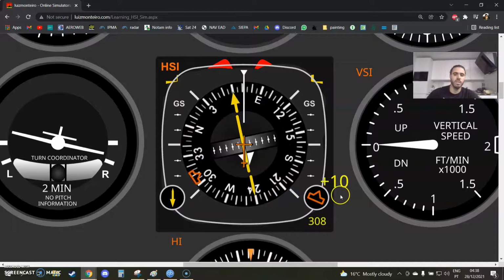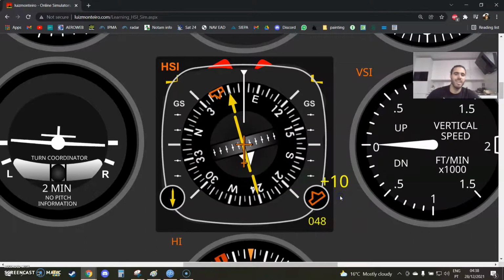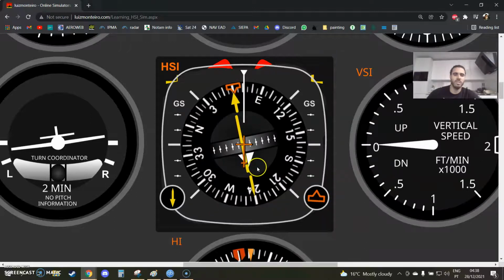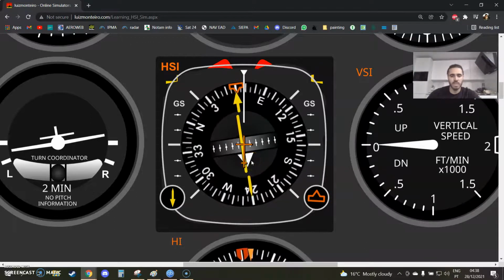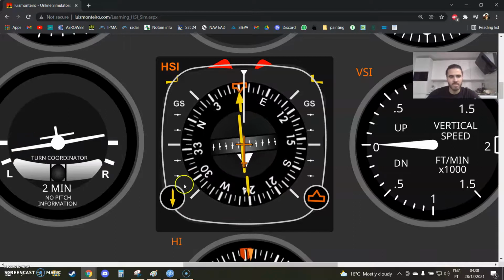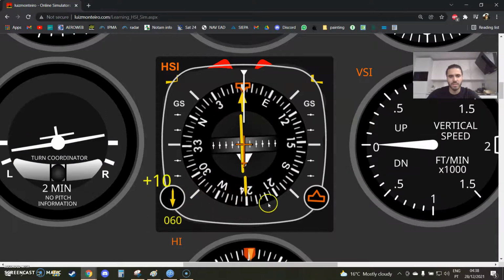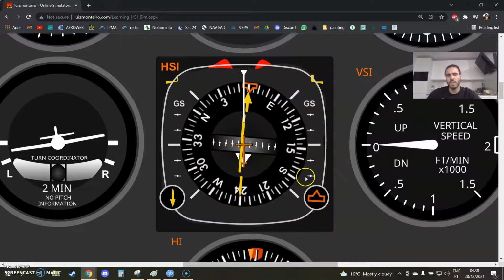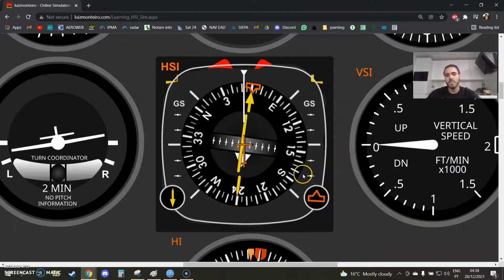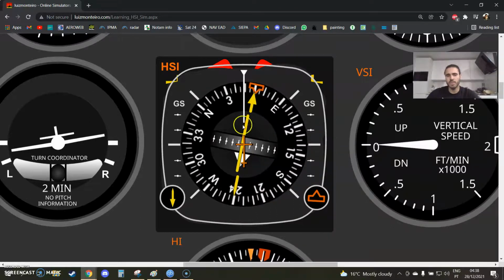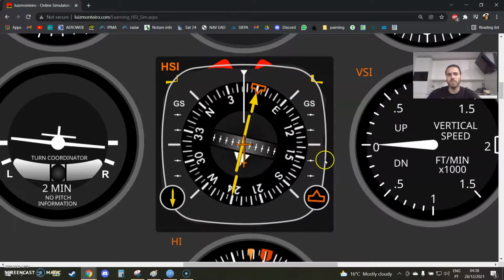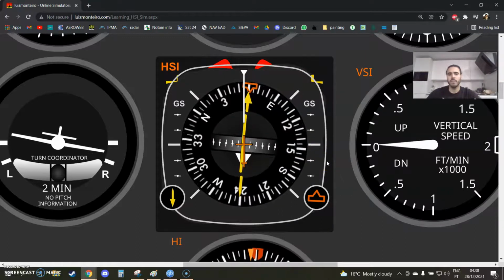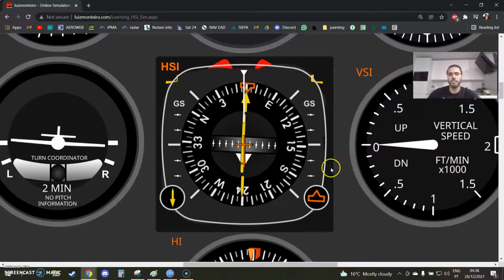Multitasking with a delay is difficult, because it does what I order, but a few moments later, so I don't know if I'm selecting a left turn or whatever. So, as you can see, we are now following radial 060 inbound. I'm just doing this so that the needle can be really aligned.